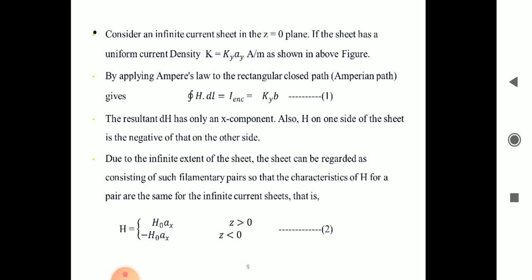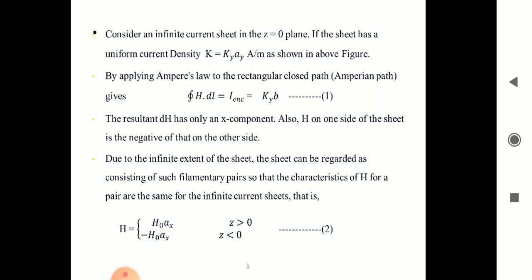Also, H on one side of the sheet is the negative of that on the other side. Due to the infinite extent, the sheet can be regarded as consisting of such filamentary pairs, so that the characteristics of H for a pair are the same for the infinite current sheet.